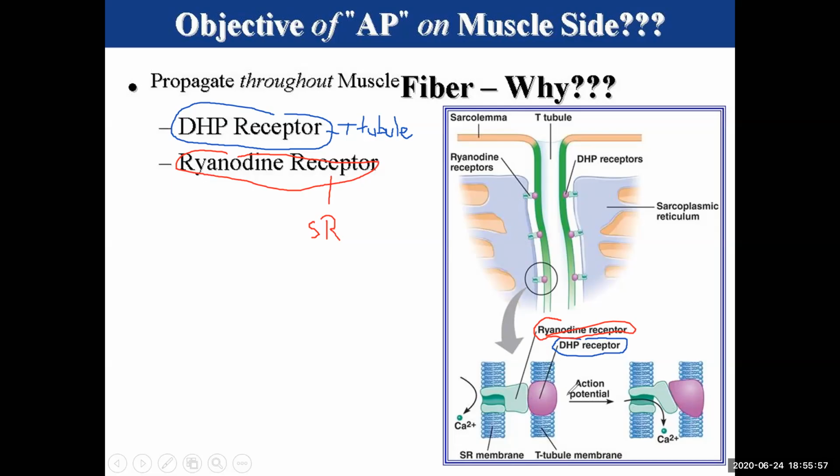So when the action potential spreads through the sarcolemma in the region called T-tubule, it will induce a conformational change, a shape change on the DHP receptor.